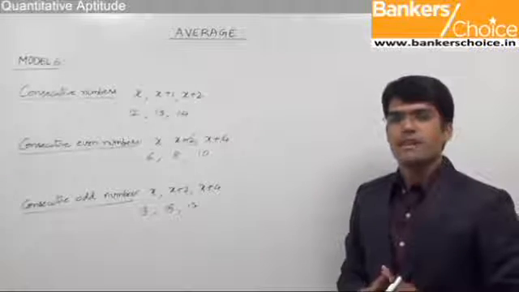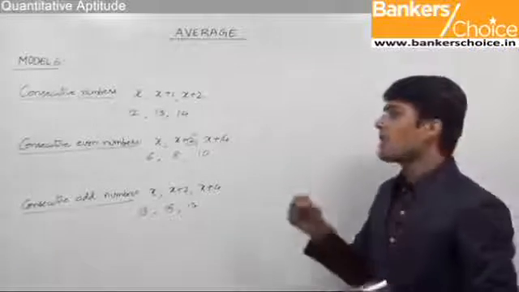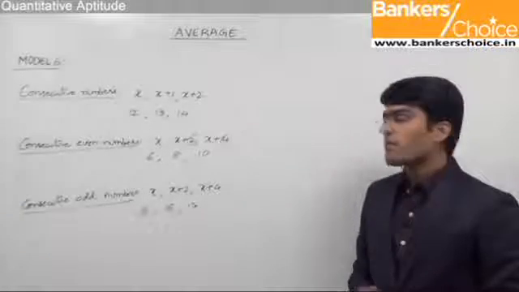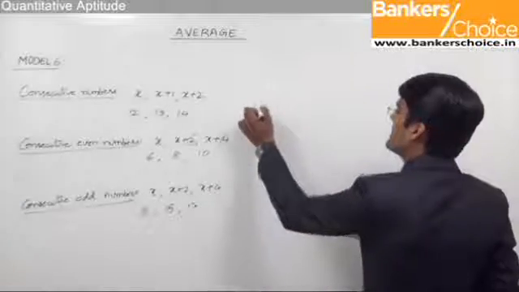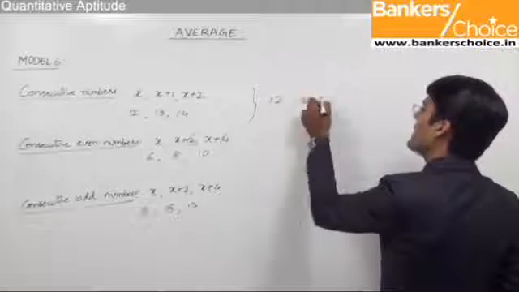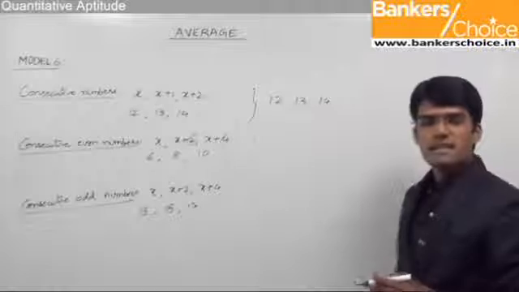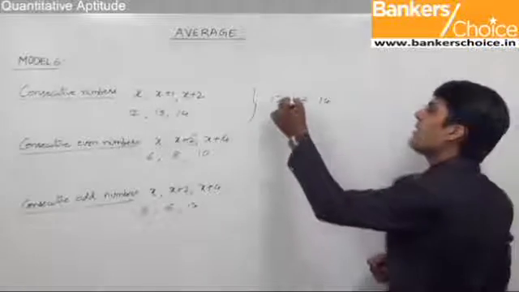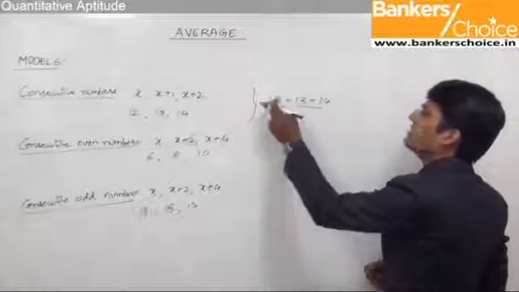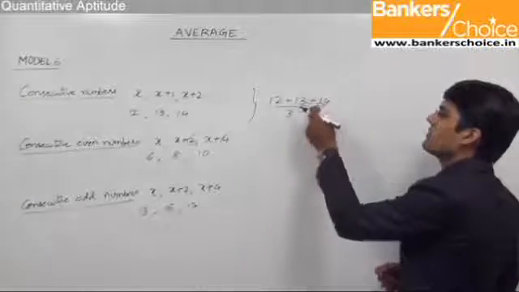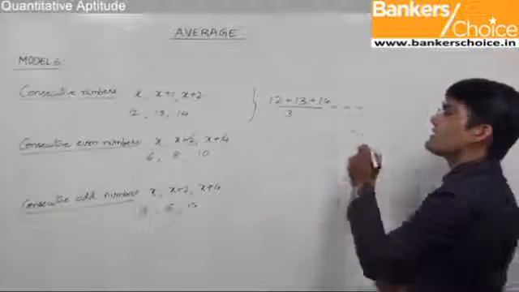Now the point here is, how do we get the average of consecutive numbers? For example, let's take the consecutive numbers 12, 13 and 14. Now to find out the average of three consecutive numbers, we need not add all of them and divide by 3. That is 12 plus 13, 25 plus 14, 39 by 3, which is equal to 13.